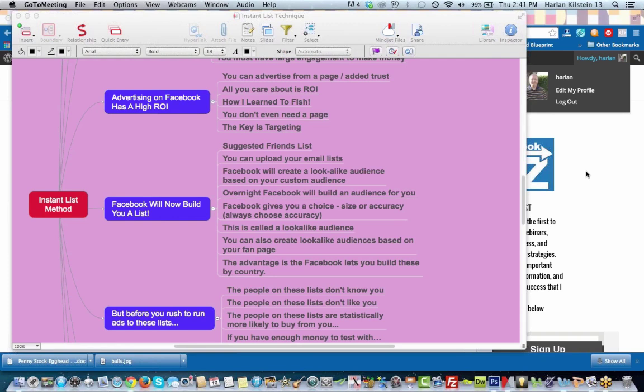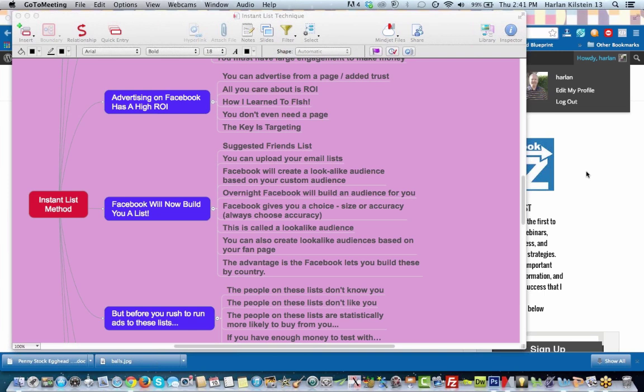You can take your email list, which is now a custom audience, and you can tell Facebook, okay, go ahead and create a lookalike audience. Now, Facebook overnight will build an audience for you. Facebook gives you a choice.